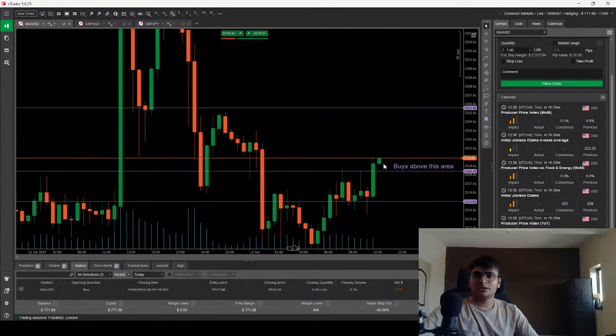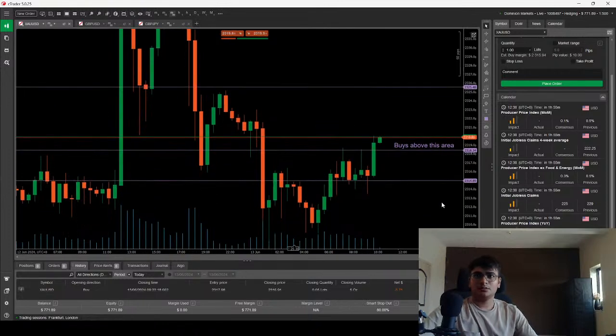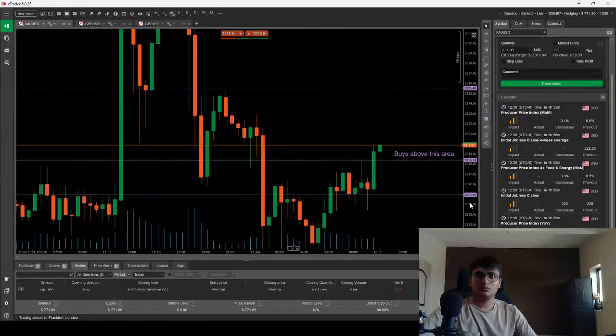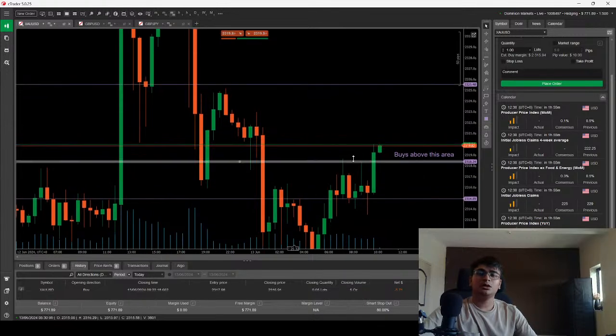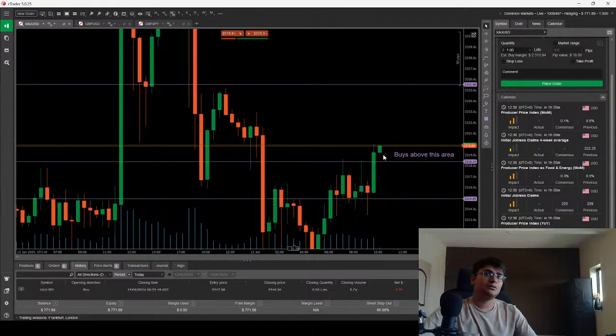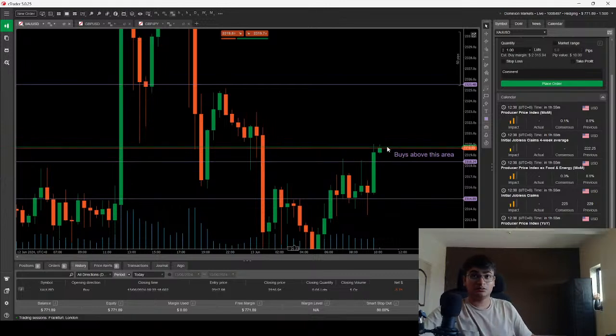We're still waiting because price is not showing much momentum for me to execute the buy. I'm still waiting. If this candle goes a little bit down, comes back down before breaking the highs, it's still good.